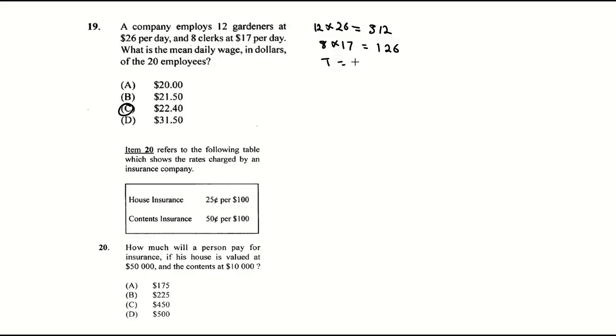So the total would be 312 plus 306, which is 618. So the mean is equal to 618 divided by 20, because that's how many persons it is, which would be 2240. And that is how you would do this question. This is the mean.